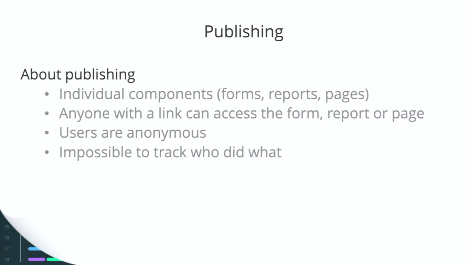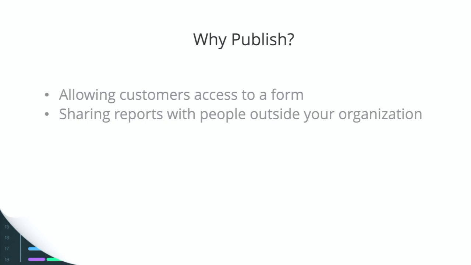It doesn't matter that you don't know who is accessing the form, because in the registration form, Karen would have already asked for a name field. You don't have to verify that it is in fact the person who entered the data. So publishing is used when you want customers and outsiders to enter information into your application.